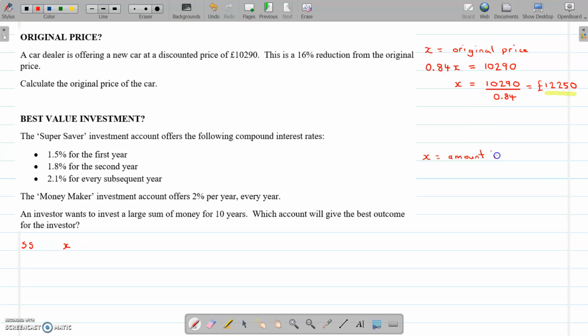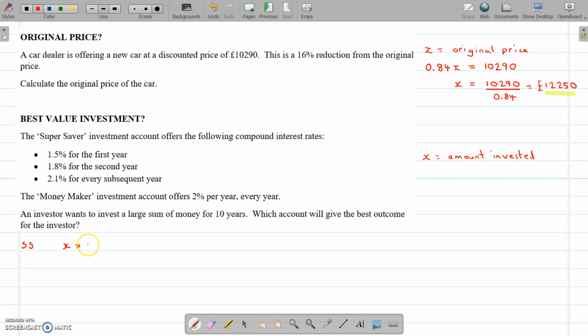You shouldn't really introduce variables without defining them. So that applies to both of these. So X times... Now, if you increase something by 1.5%, then you have 101.5% of it.